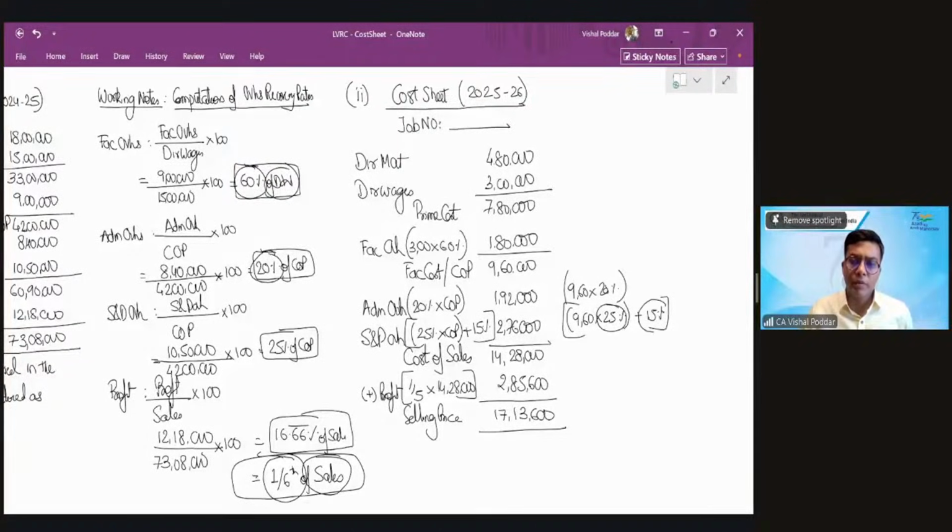And selling overheads have gone up by 15%, meaning 15% of its original cost. So this is the cost of selling and distribution overheads, and 15% of this amount only, not of COP. Correct, beta? I hope this is clear.